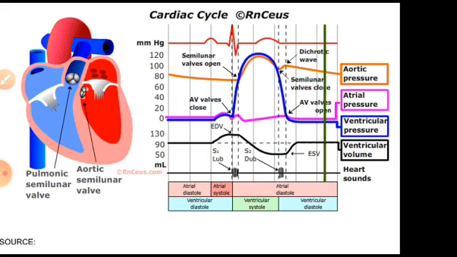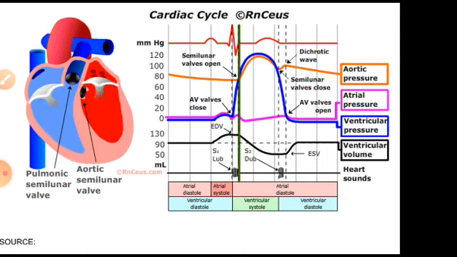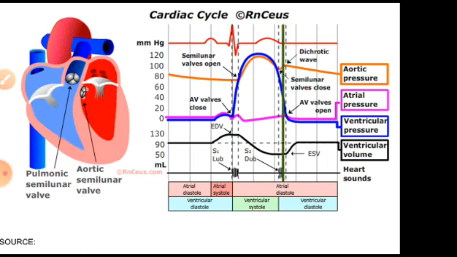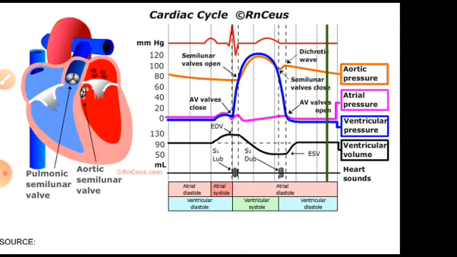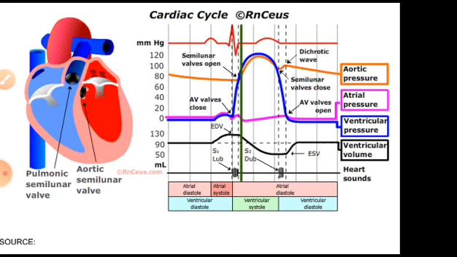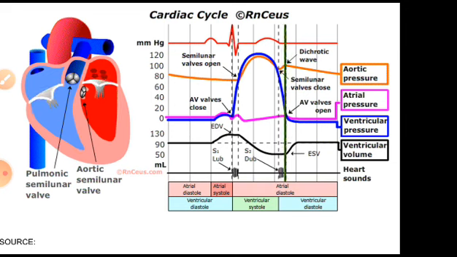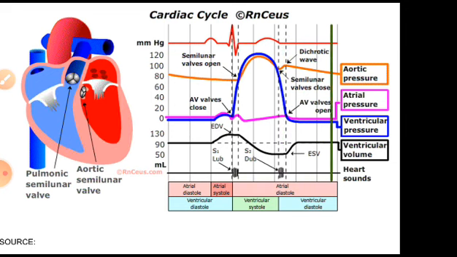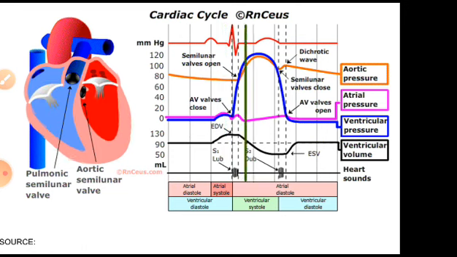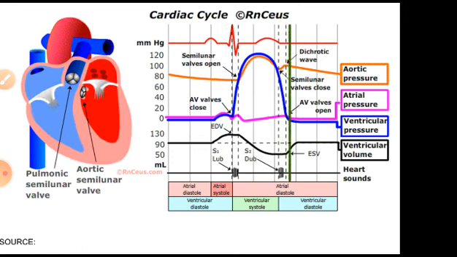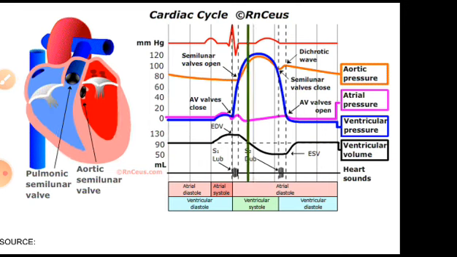Once the green line moves from one side to the other, what changes are happening are written here. By moving this line, you can read about the aortic pressure, the atrial pressure, the ventricular pressure, and the ventricular volume as well. Along with that, you can find the S1 and S2 sounds, which we call the heart sounds.